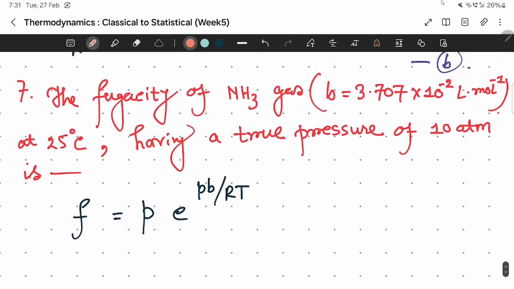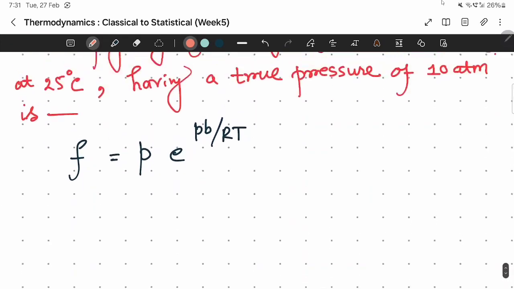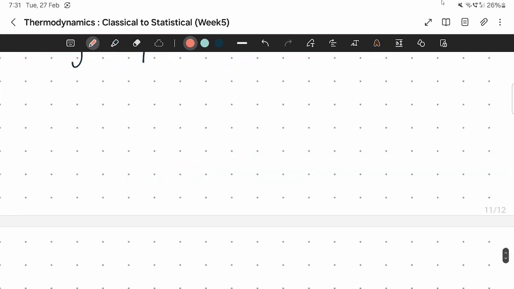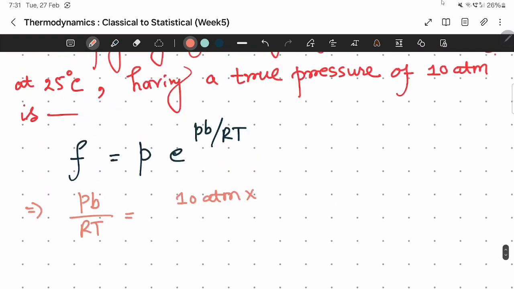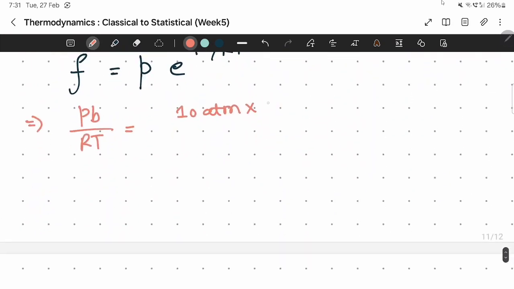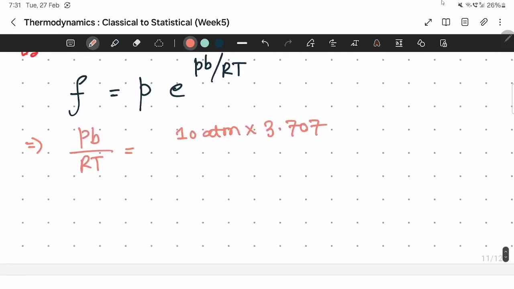P is given as 10 atm. First we have to calculate PB/RT. What is P? 10 atm. What is B? B is 3.707 liter per mole. What will be R?